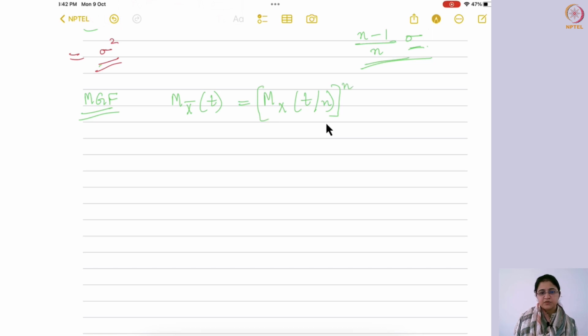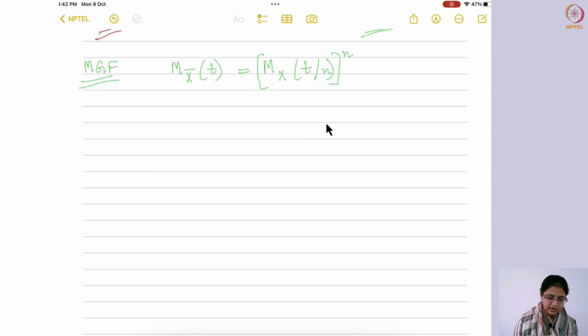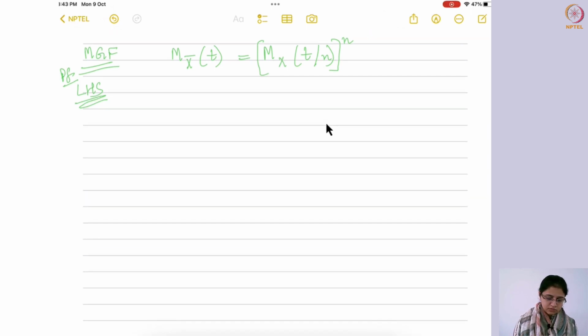So let us begin with the left hand side and prove it. The moment generating function of x bar, by definition, is the expectation of e raised to the power t x bar.